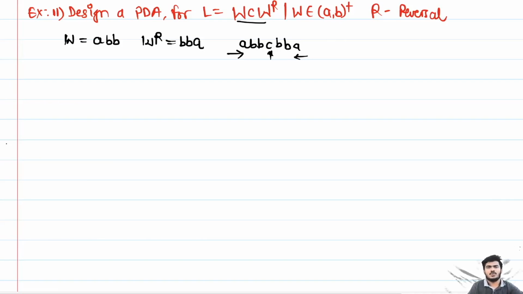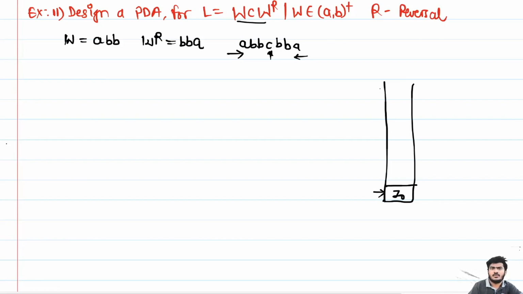Now we have to make a logic for this. We have a stack with us which has Z0 at the bottom of the stack, and we have W and W reversal.